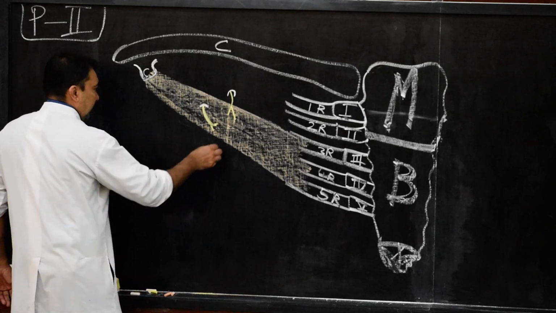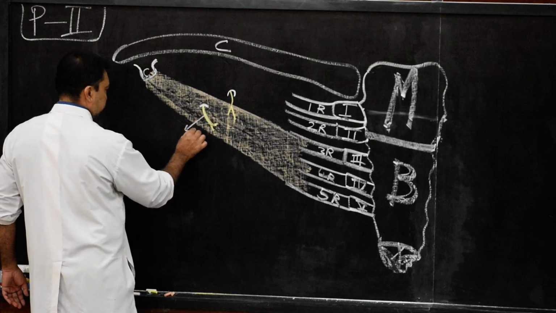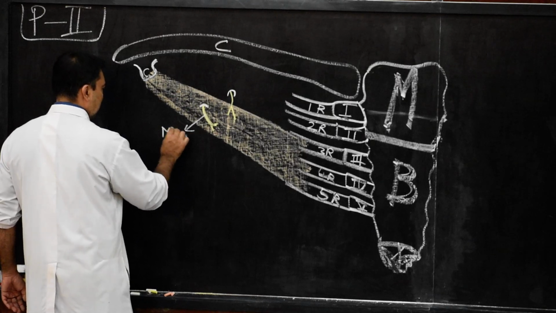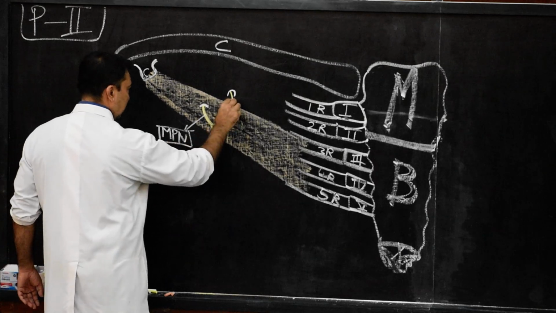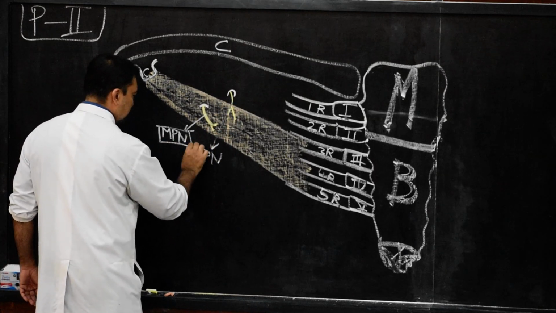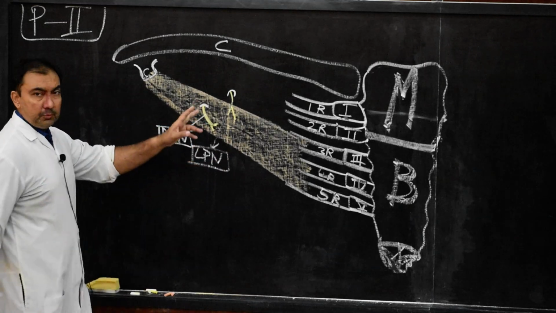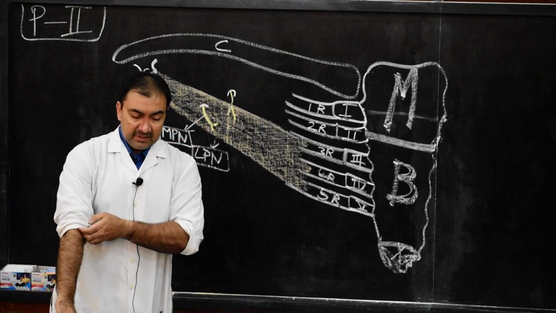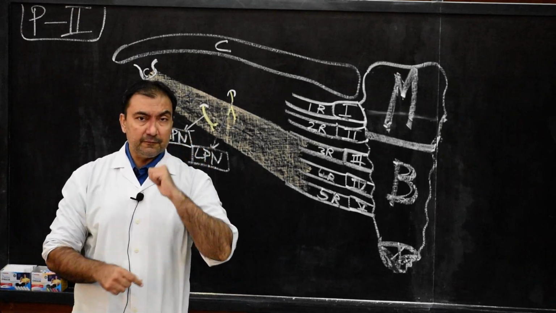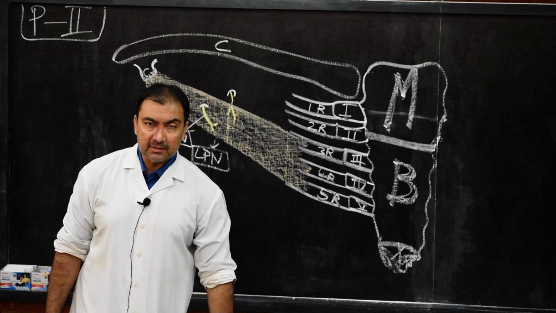Here we complete the diagram. This is the medial pectoral nerve, and over here this is the lateral pectoral nerve. These are the two points asked in MCQs: the medial pectoral nerve pierces pectoralis minor and the lateral pectoral nerve pierces the clavipectoral fascia. Both nerves supply the pectoralis minor muscle.